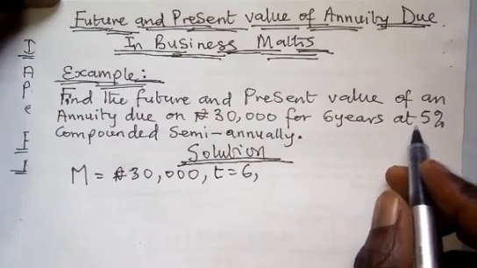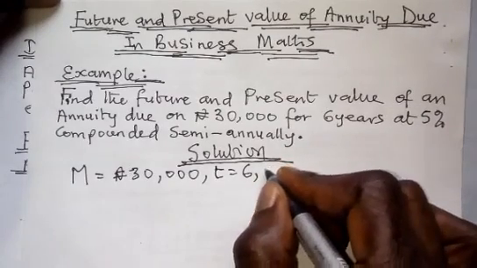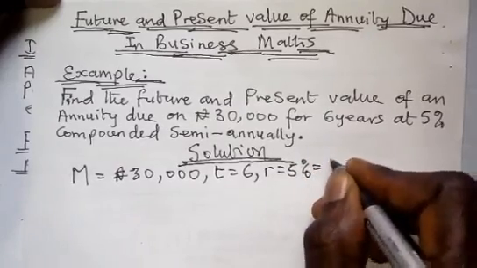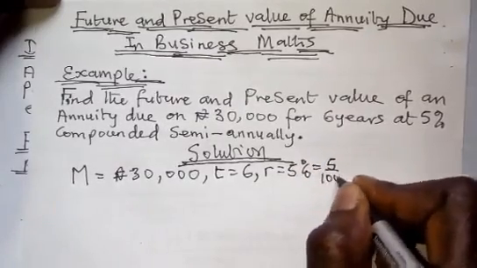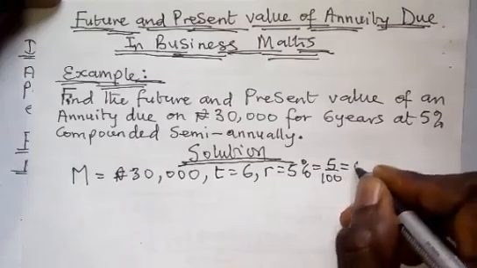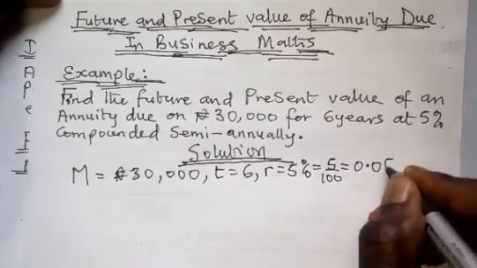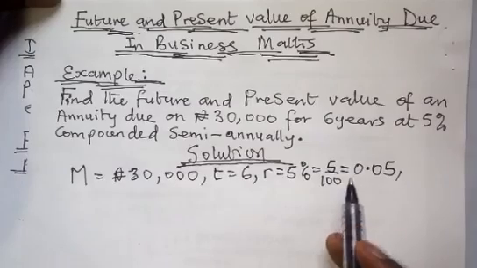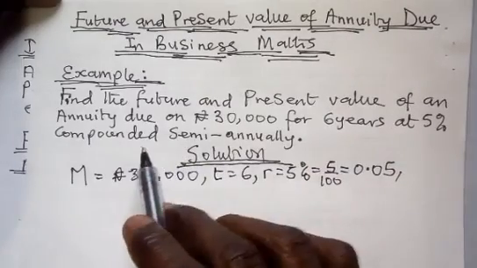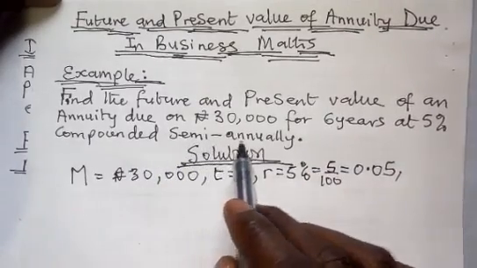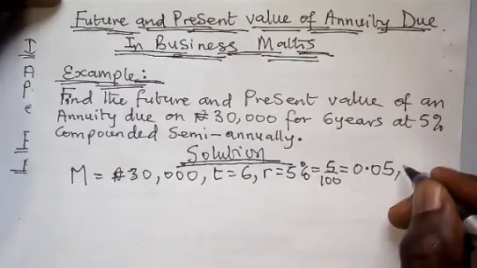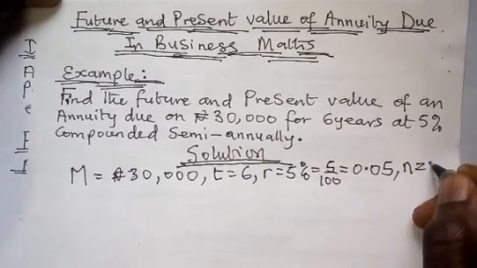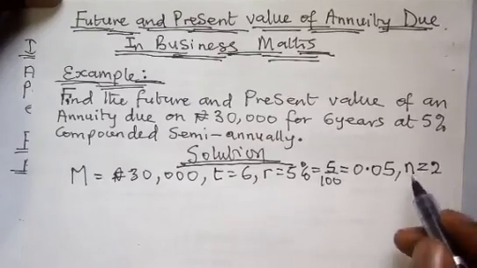The annual rate is 5%, so R becomes 5 divided by 100, which gives 0.05. We've done this in previous lessons. Then we are also told it's compounded semi-annually. Semi-annually means that n will be equal to 2.